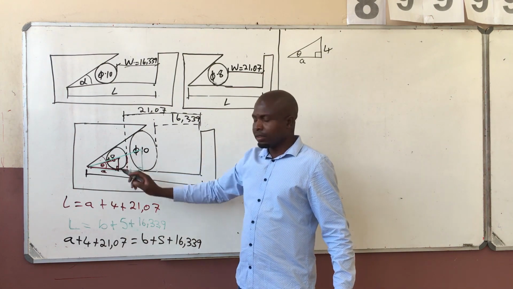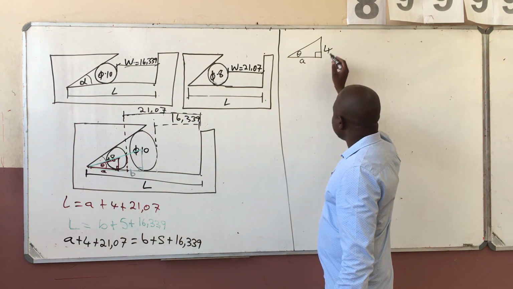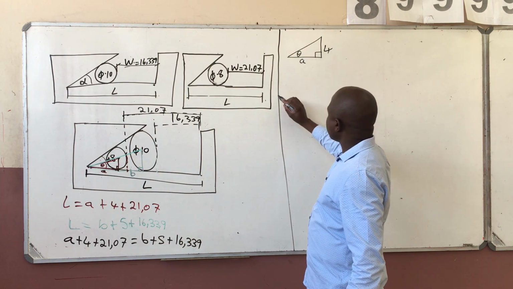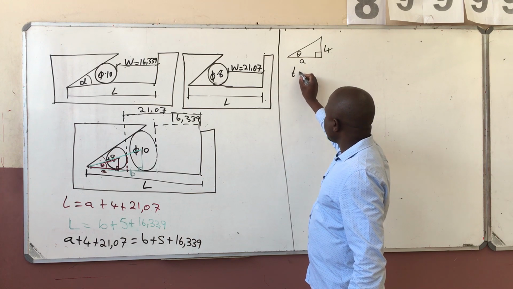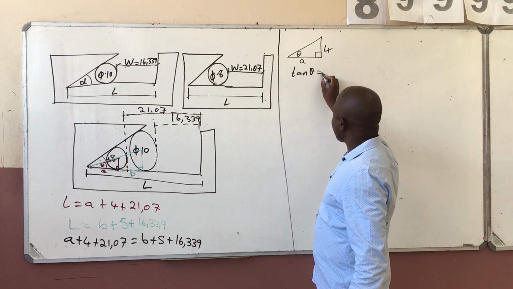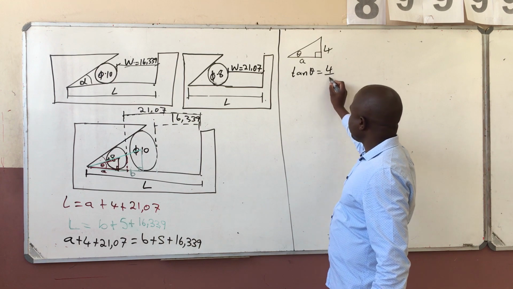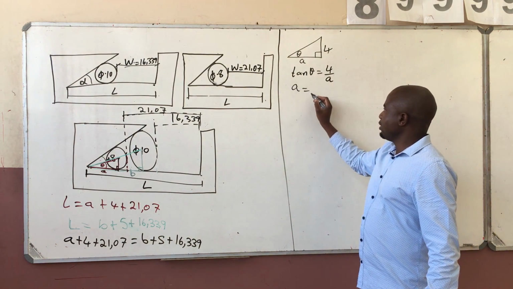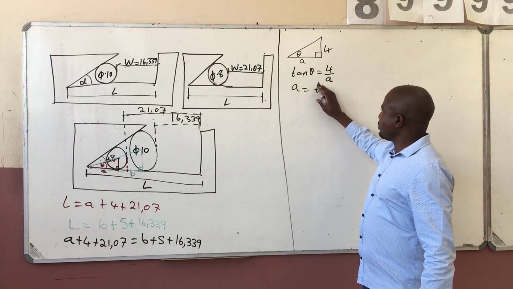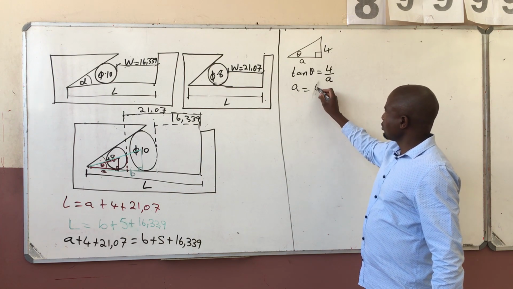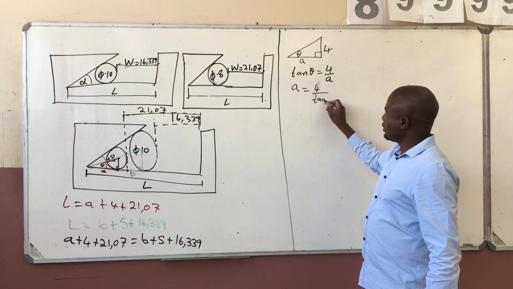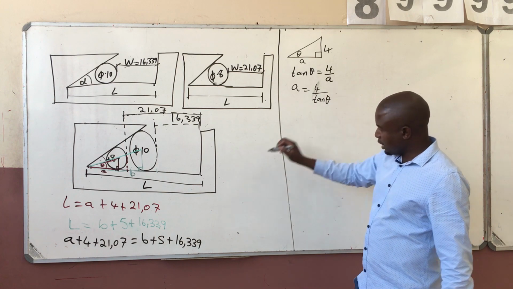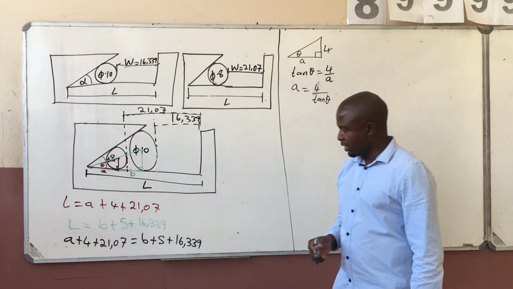So then, having theta, A and 4, tan theta is equal to opposite, which is 4, divided by adjacent, which is A. Therefore, A will be 4 over tan theta. I can take this and substitute it as the value of A.